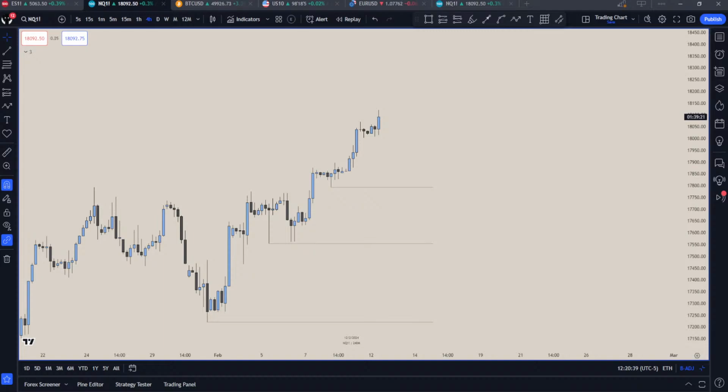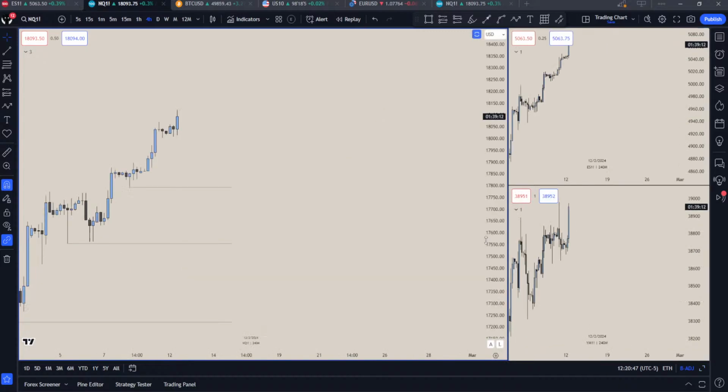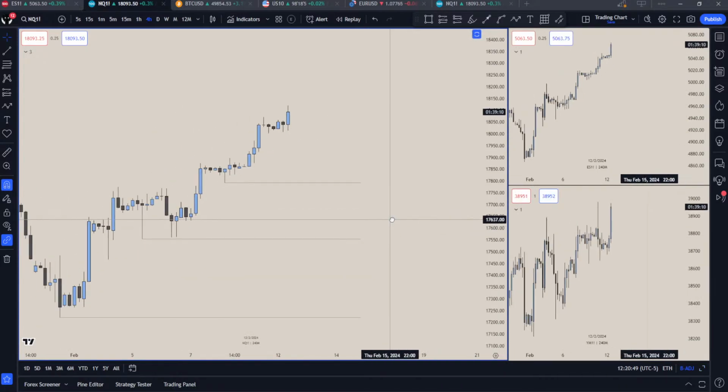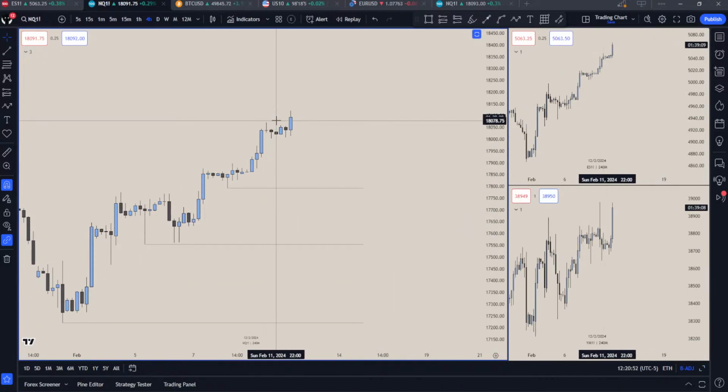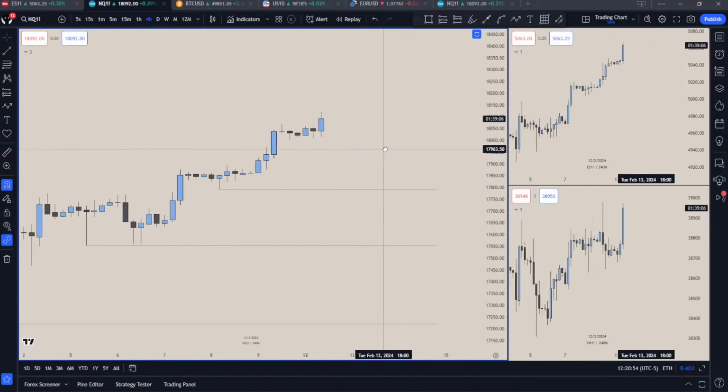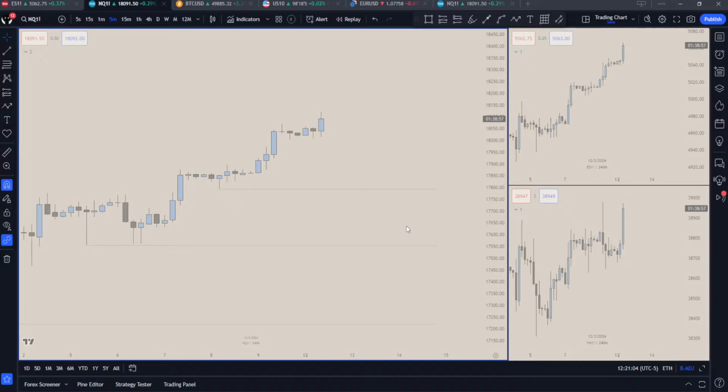Is there currently SMT on ES NQ, or would ES have to break 66.5? I'm going to have to take a look there. Are you talking about the lower time frame?